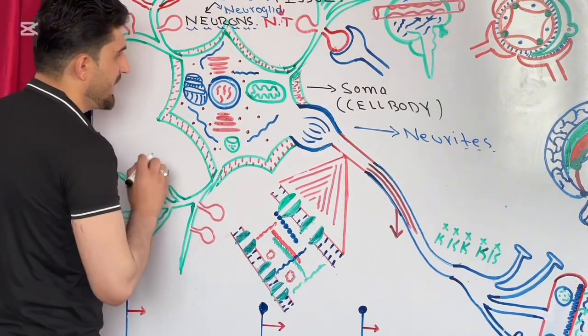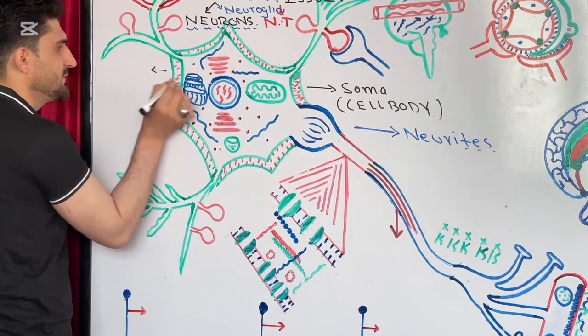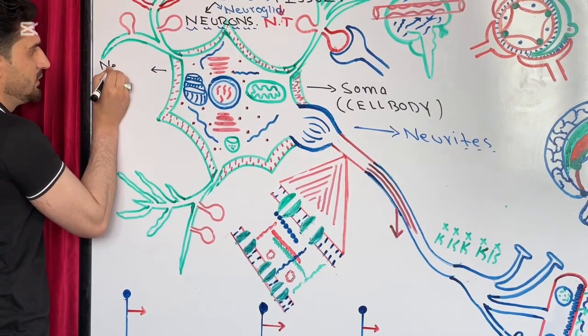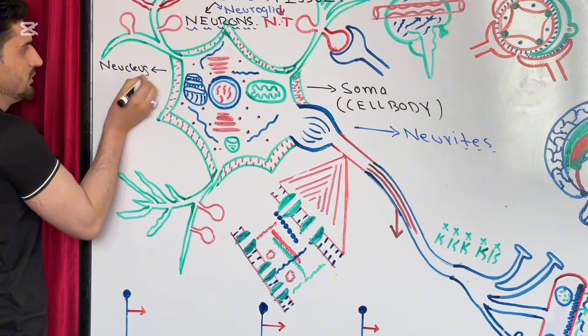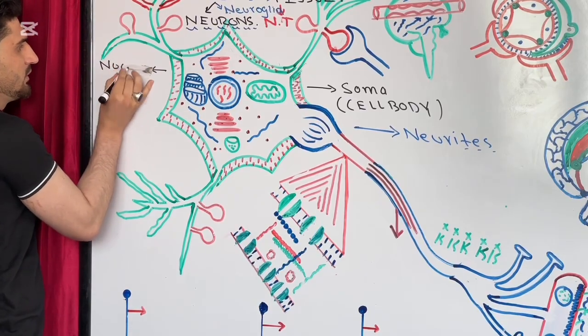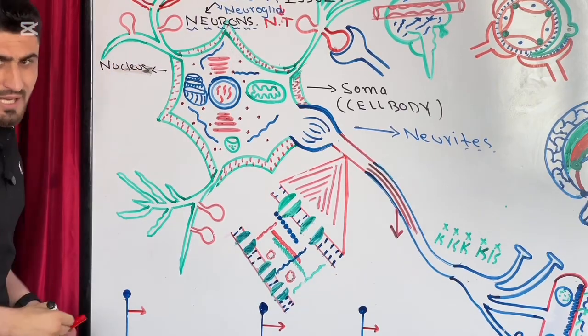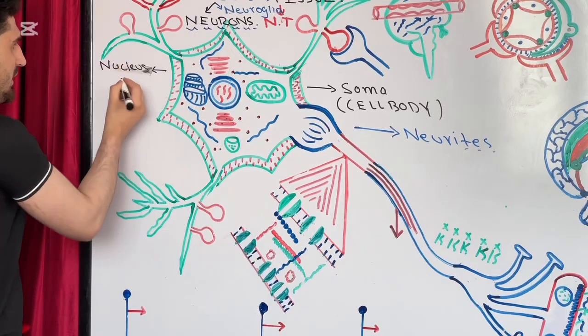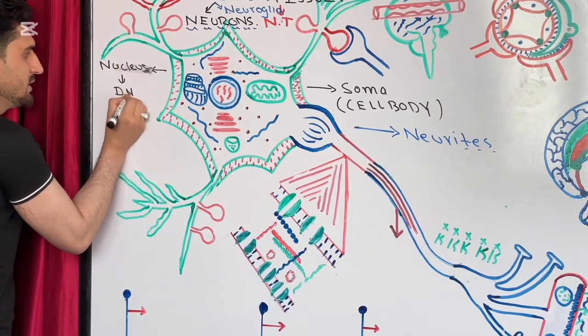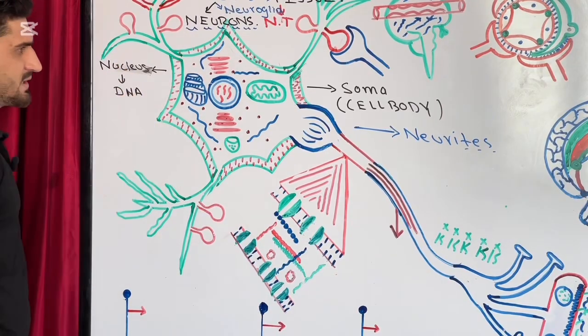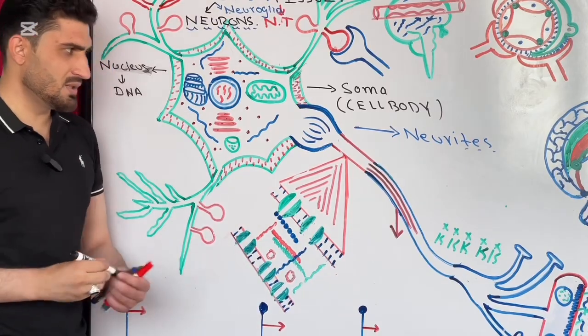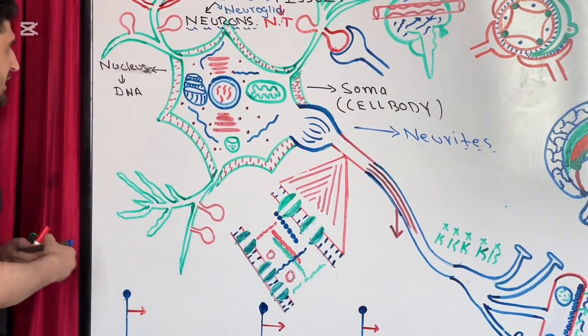In soma we have the nucleus, and in the nucleus we have the DNA. So this is the part of a neuron which contains DNA.